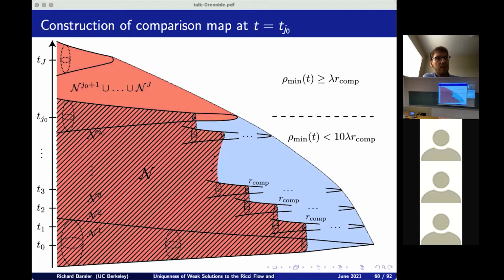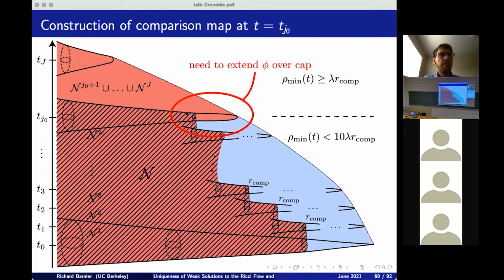I hope I've conveyed the idea of how to construct the comparison domain and comparison map on that shaded domain, a root domain. Okay. So the next step will be to construct a comparison map on this domain. And the first step will be to extend the comparison map over onto this cap.